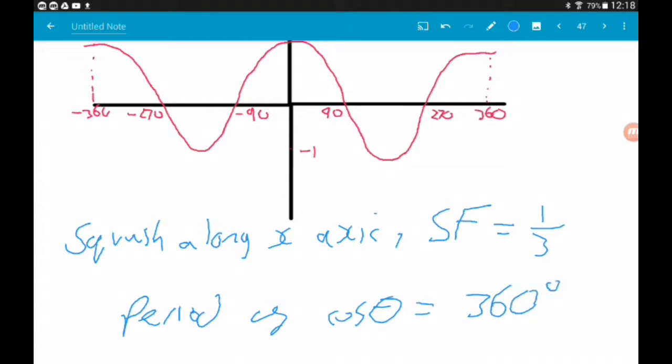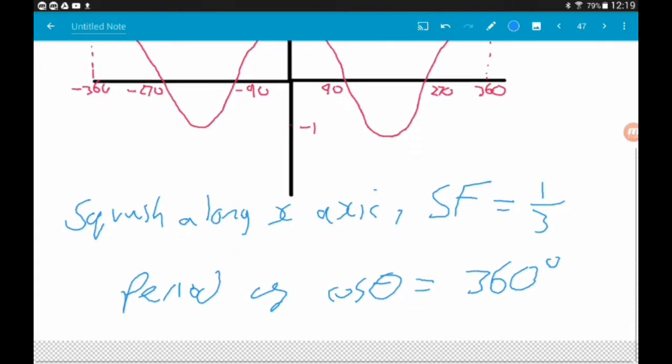So every 360 degrees, going from 0 to 360 degrees and then 360 degrees to 720 degrees, that will be an exact repeat of the graph between 0 and 360.